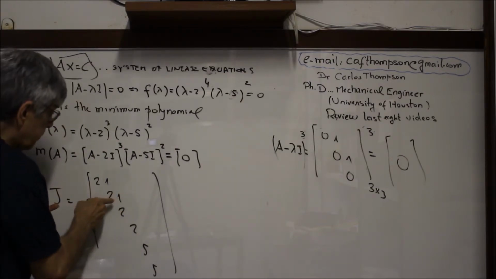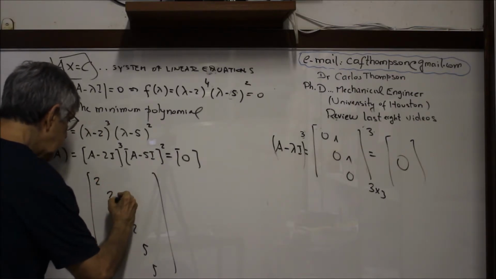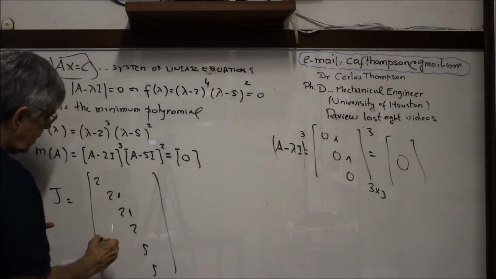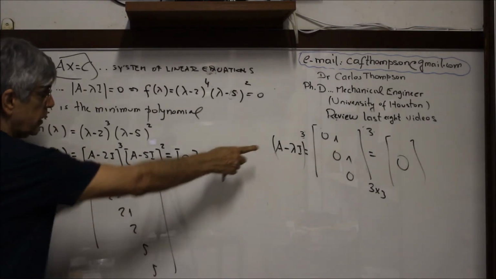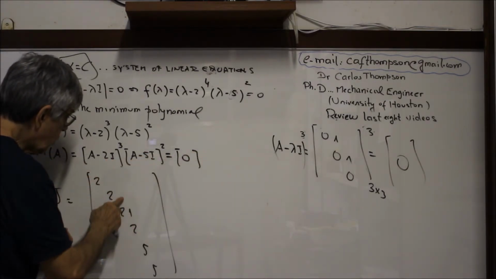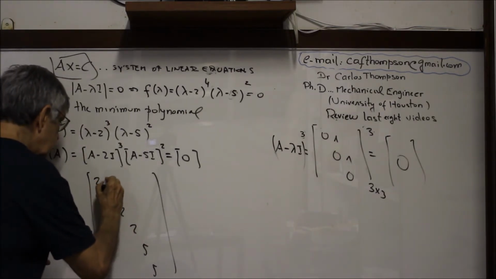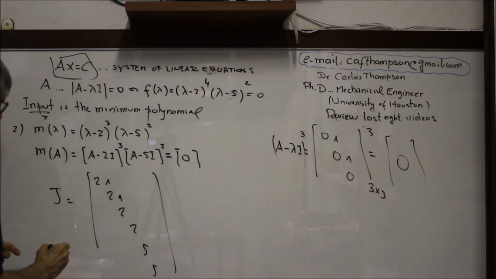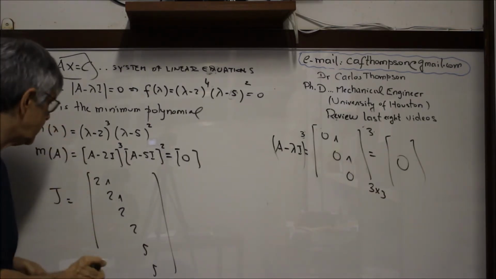Another J could be like this. Look, I could put 1 here and 1 here. You see here, when I subtract 2 and look at that, it's the same. So then I have 2 possible J's here. Is 1, 1 here. Now, I'll have here 2 blocks.